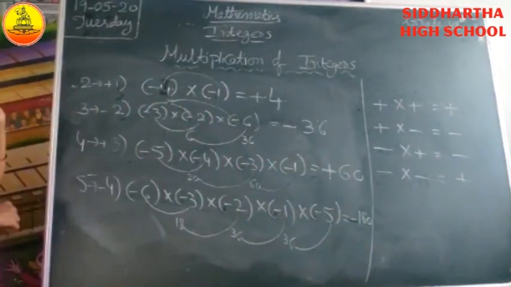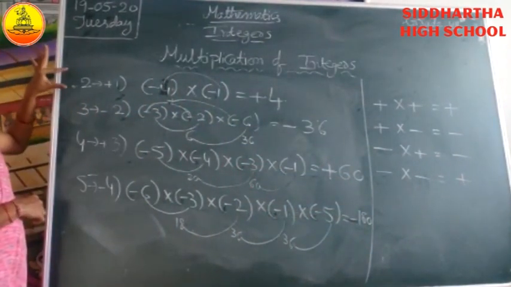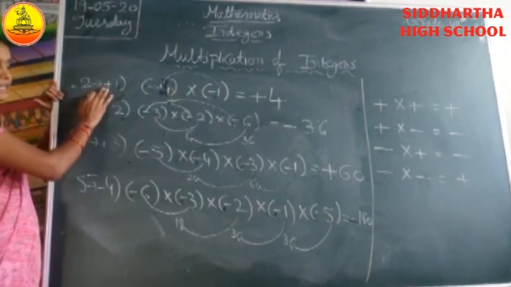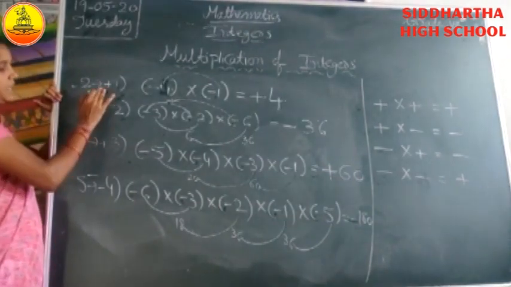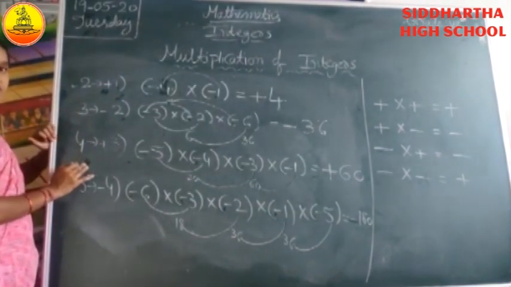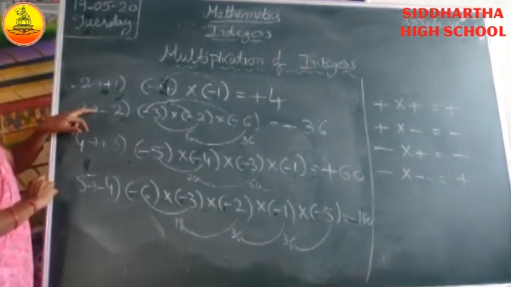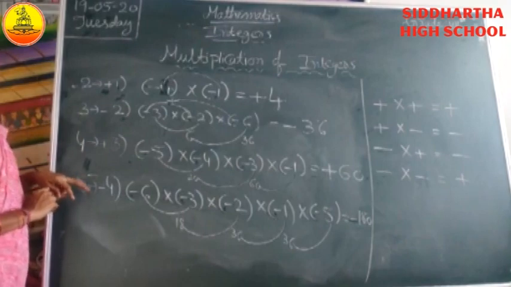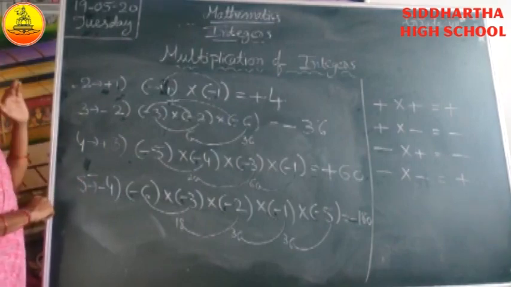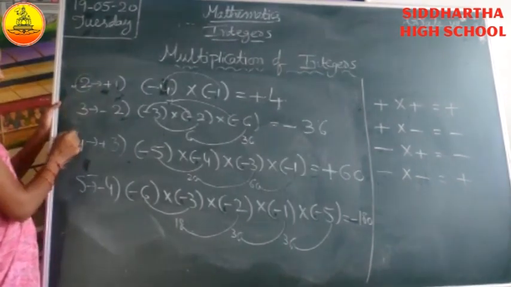Now here you see, what do you understand? If 2 negative integers we have taken, we got the result as a positive integer. If we take 4 also, we are getting a positive integer as the result. But whenever we take 3 and 5, we are getting a negative integer as the result. So what do you understand from this? 2 is an even number, 4 is an even number.